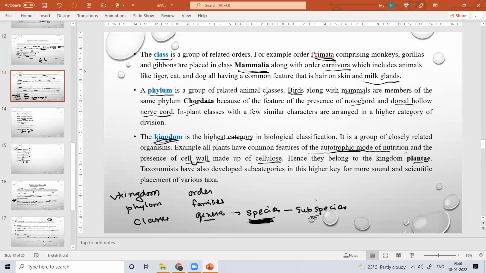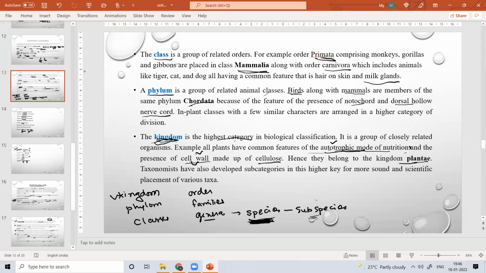Basically, the autotrophic mode of nutrition is the differentiating factor that distinguishes animals from plants. The autotrophic mode of nutrition is only possible in plants, not in animals. The cell wall is only present in plants but not in animals, and it is mostly made up of cellulose. So these are the common features found in kingdom Plantae, but these features are absent in Animalia.